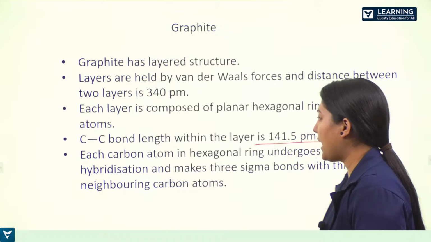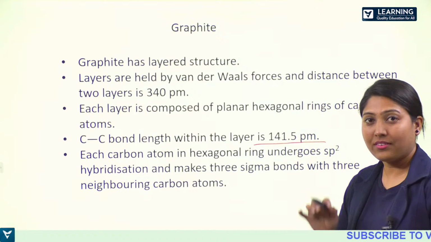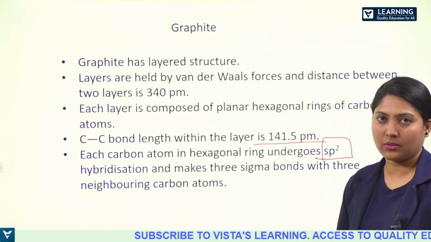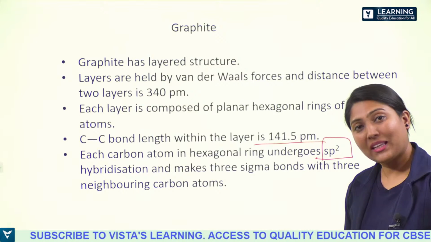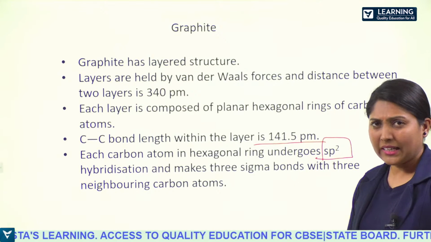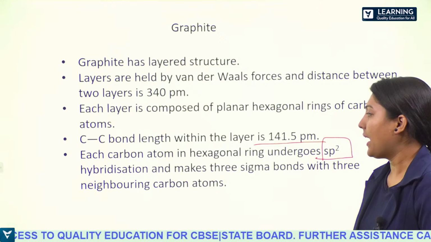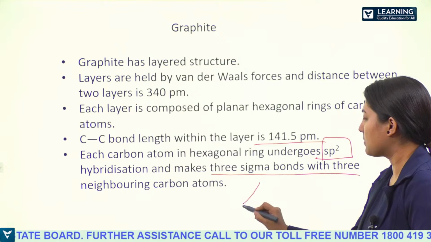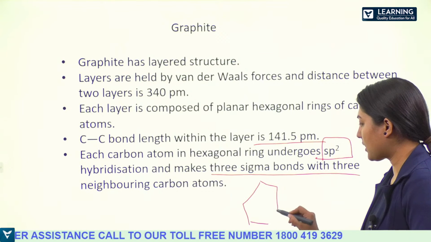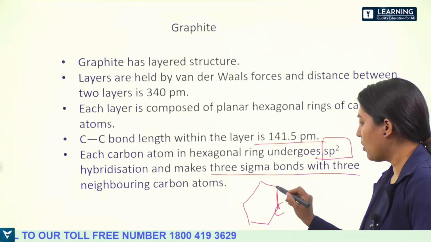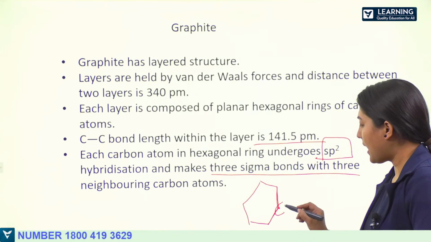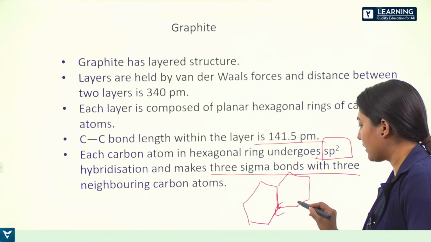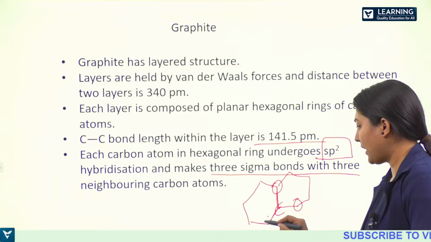Here, each carbon atom in the hexagonal ring has sp2 hybridization. In diamond, it is sp3, whereas in graphite, it is sp2 and makes 3 sigma bonds with 3 neighboring carbon atoms. If you have the hexagonal structure, one carbon atom will have one bond, right? And if I have one more hexagonal ring adjacent, it will make bonds with 1, 2 and 3.